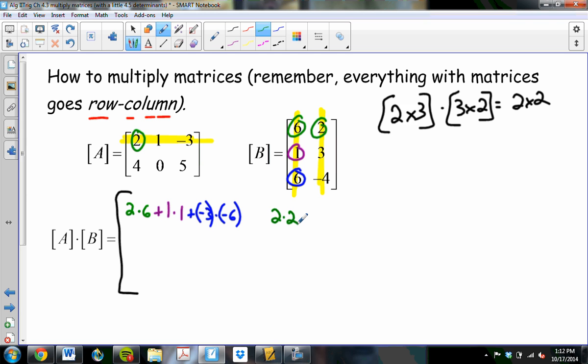Then I'll do 1 times 3, which is 3. Then I do negative 3 times negative 4, and that's positive 12. I already did the multiplication, like I said that negative 3 times negative 4 is positive 12, which you'll start doing. It's faster that way. And then those three things get added up. There's the top right cell.